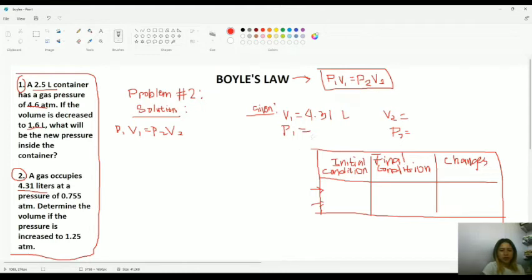So, this is our initial pressure, 0.755. Determine the volume if the pressure is increased to 1.25. So, si final volume yung missing. So, the final pressure is 1.25 atmosphere.